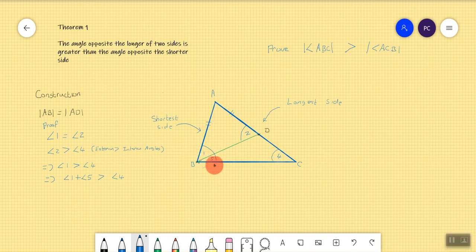And this is what we've been trying to prove. Now I just said angle 1, angle 2, angle 4 and angle 5. It doesn't matter what numbers you put on the angles, you're just using them as labels to identify the angles.